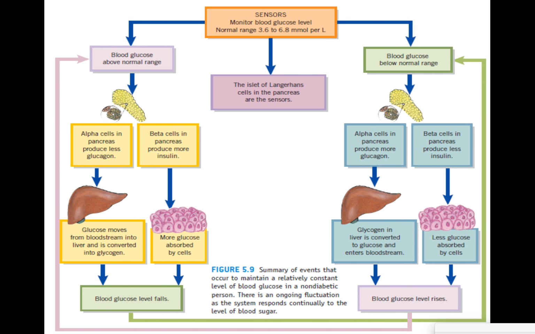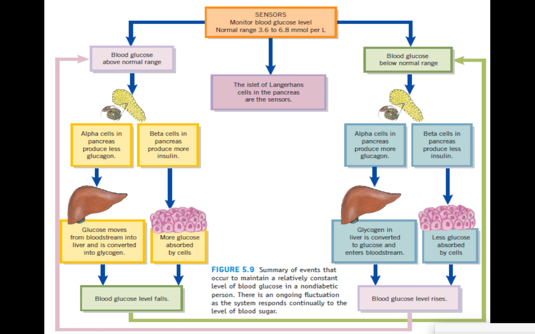Okay, so let's take a look at this stimulus response model negative feedback loop that we have in front of us. The sensor, or the thing that is detecting the stimulus here, is going to be these Langerhans cells, the cells in the pancreas. For example, maybe these cells detect it's been a while since I've eaten and my blood glucose levels are below normal.